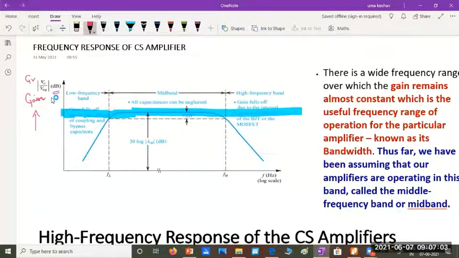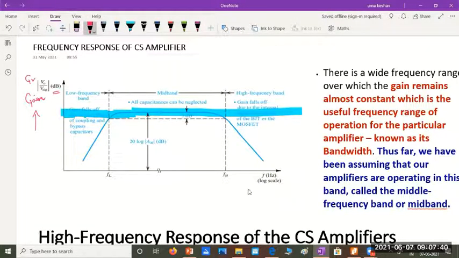Because the initial amplifiers which were designed were mainly audio amplifiers. Only then they started to be used for other purposes, for video and other things. But the first set of amplifiers were basically designed as audio amplifiers so that they can magnify the sound and send it over a long distance through the telephone wires and so on. Hence, the unit of gain was decided as decibels, and gain is plotted along the y-axis, frequency along the x-axis.